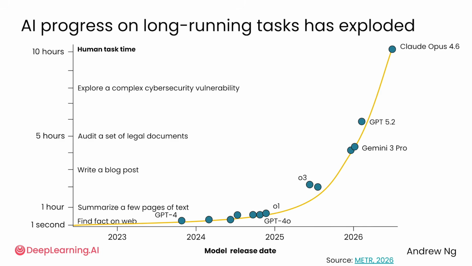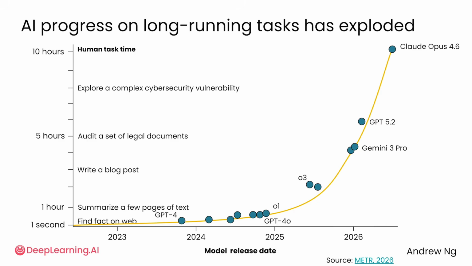Often the AI model doesn't need 10 hours to do a task that takes a human 10 hours to do, but also takes a bit longer than just a few seconds. And this is what reasoning models have enabled for the AI to think at great length in order to do these more complex tasks.